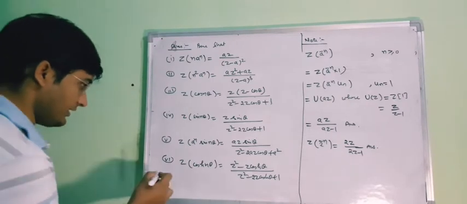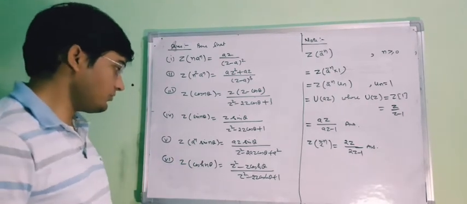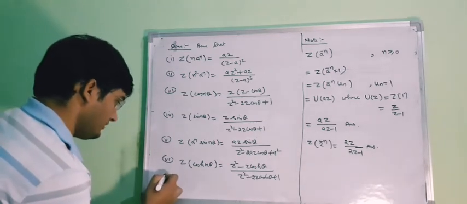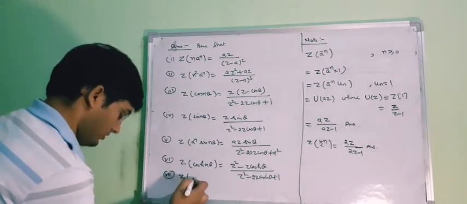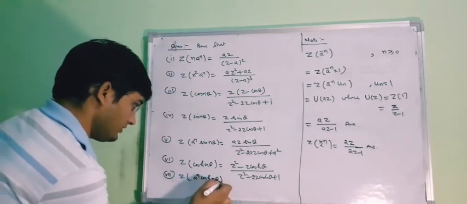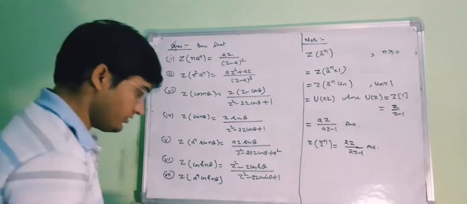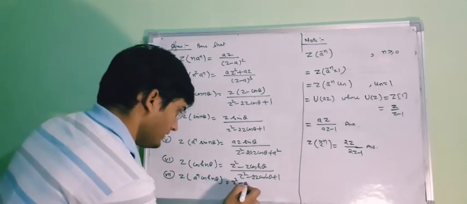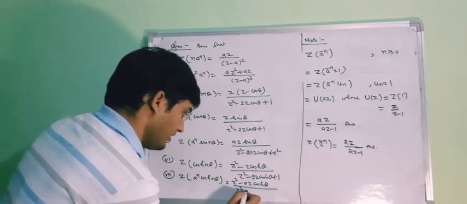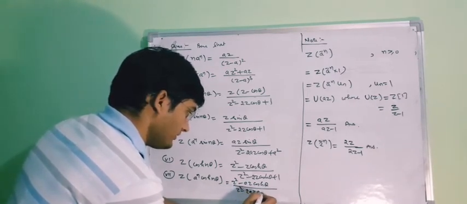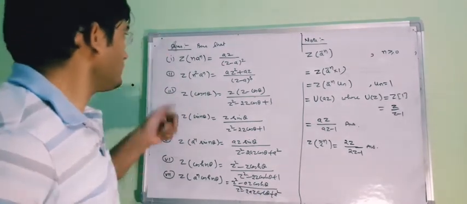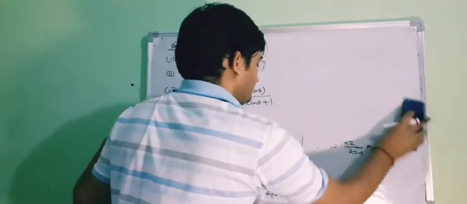And similarly we can have the formula for sin hyperbolic n theta and the formula for a power n cos hyperbolic n theta. So that means your z will be replaced by z by a. So this is your z square minus az cos hyperbolic theta divided by z square minus 2az cos hyperbolic theta plus a square. So let us find out the Z transformation of these problems.